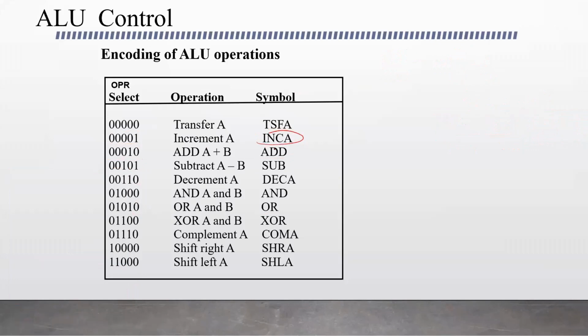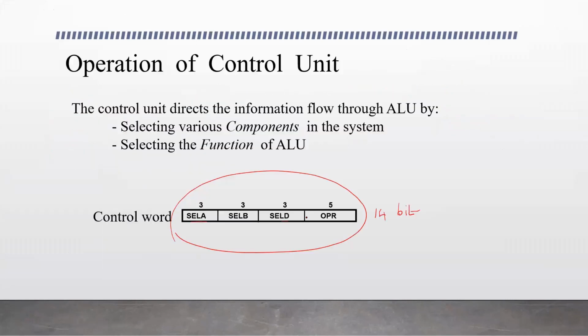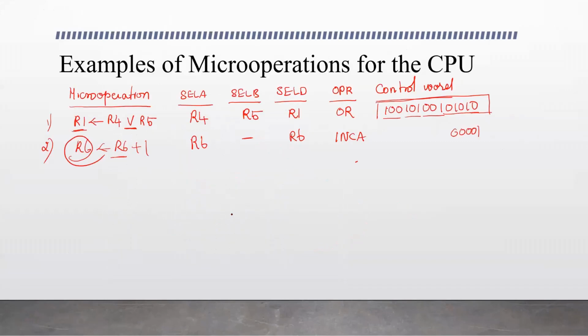Okay, we perform this operation. Here it is 0, 0, 0, 0, 1. So the OPR input is 0, 0, 0, 0, 1. And to select R6, it is 1, 1, 0. This is SELA, the first control word. And SELB is here none. There is no second register, second input. So in this place we write zeros.